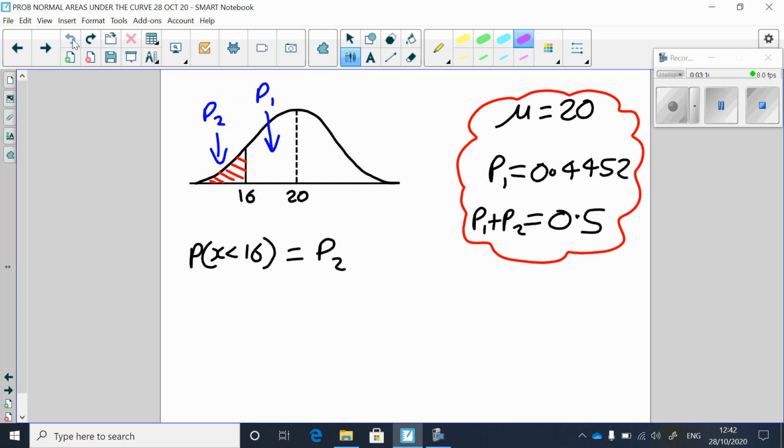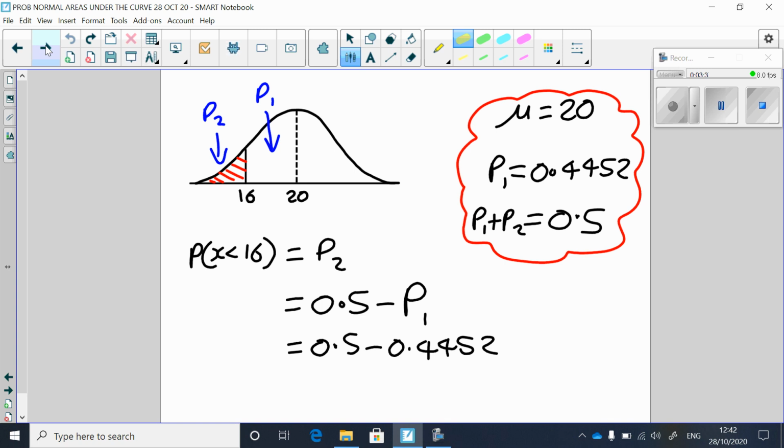You can see that P1 and P2 give me a half, so I just need that little bit at the end. We want P2, so P2 must be a half takeaway P1. Go and get your P1 value, pop it in, and there's your probability.